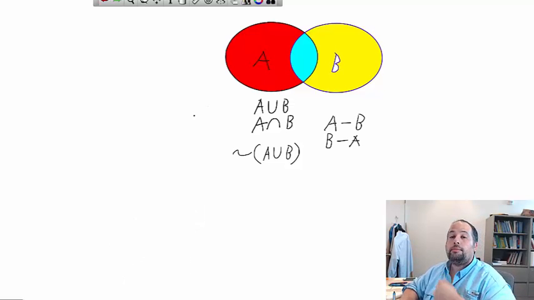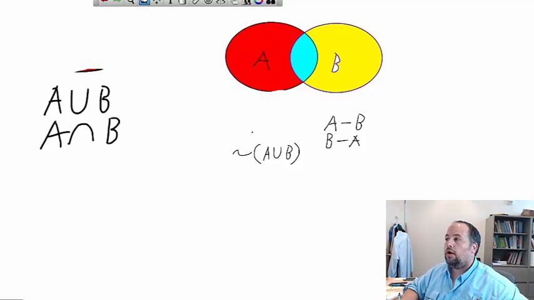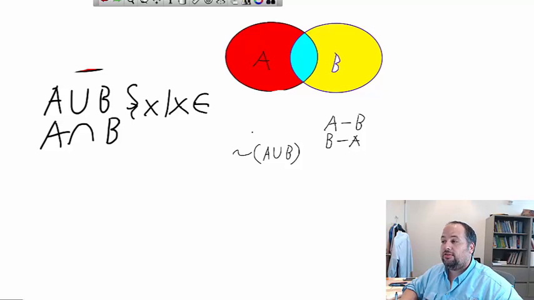Now, going back to our set notation, let's go back to A union B. What we mean is x such that x exists in A or x exists in B, right? Which makes sense.